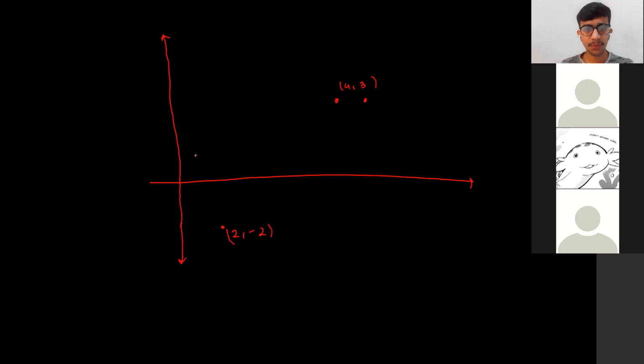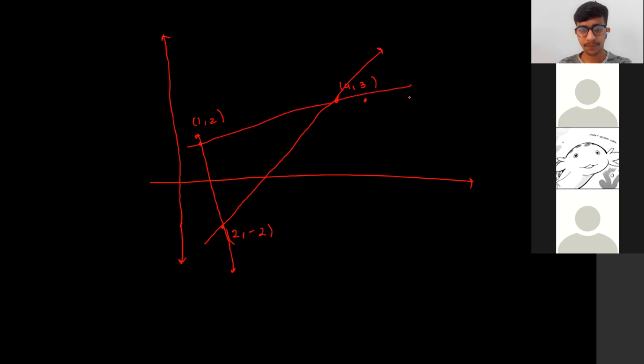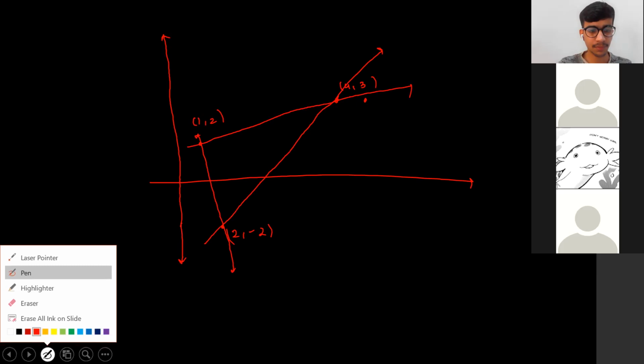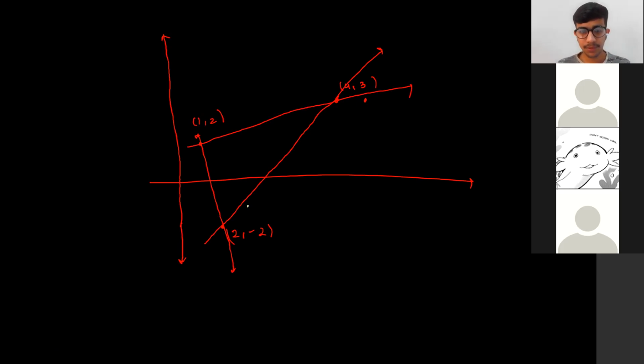Then we have 1 comma 2, so 1 comma 2 will be at this point. Okay, first line, second and third. So this is our L1, this is our L2, and this is our L3.